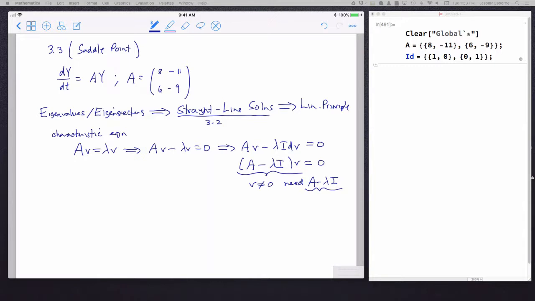So you need the determinant of this matrix A minus lambda I to be equal to 0. Okay? So we can go through that now.